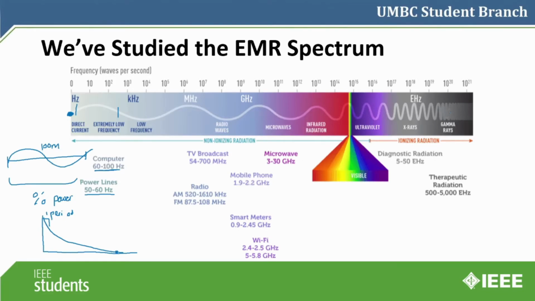But for the super high frequencies, where one of these waves is in the nanometers, you're not going to get much distance at all, unless you use a much higher starting voltage. But that requires a lot more power. And so that's why a lot of our communication stuff is in the kilohertz to gigahertz range.